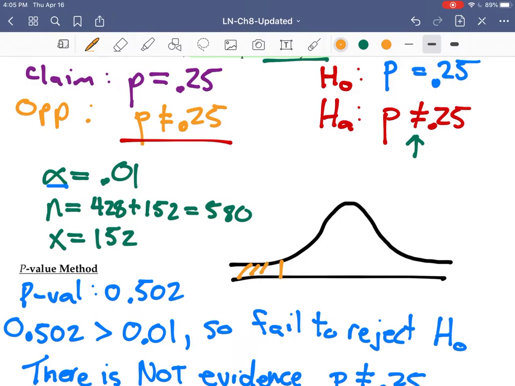So we have this tail over here and this tail over here. If our test statistic lies in either of those tails, we would reject. The total area in those two tails is the significance level, 0.01.